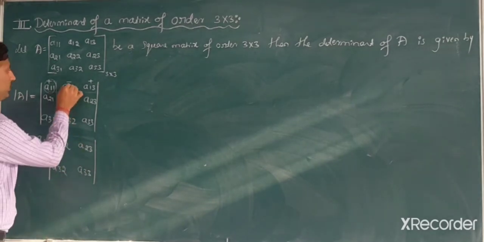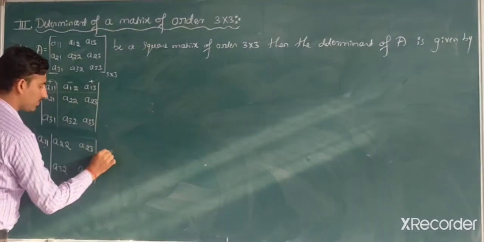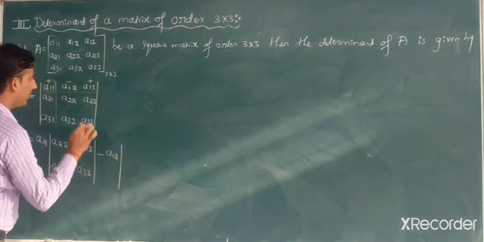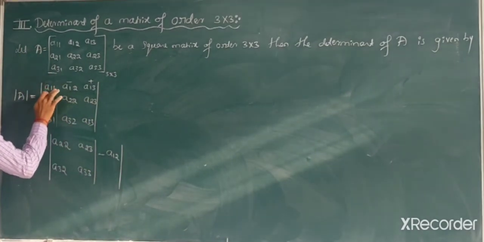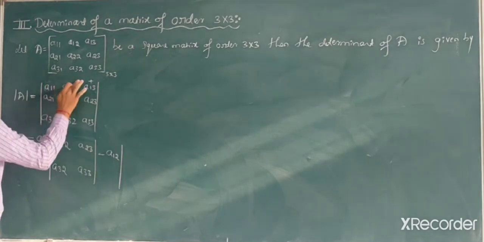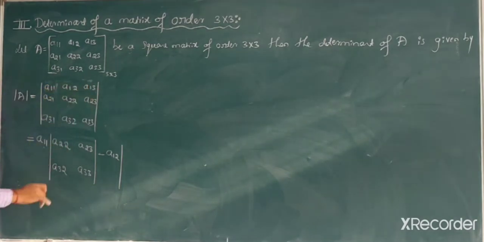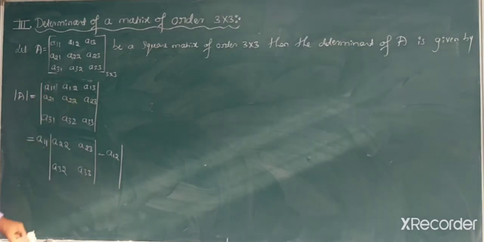After that, this position is minus, A12. This is one of the important methods, and it is based on 5-mark questions in the annual exam.